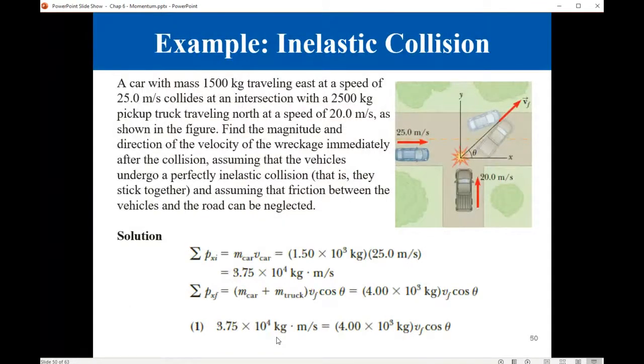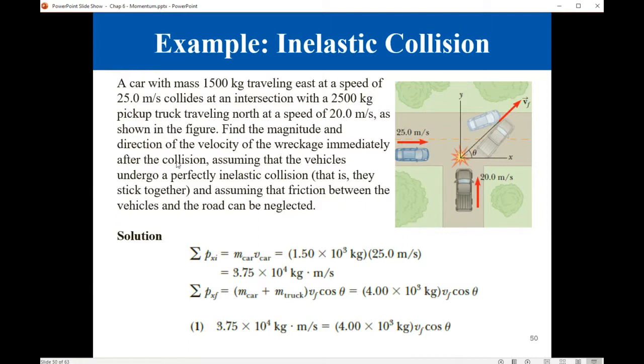I selected this example for the inelastic collisions. A car with mass 1500 kilogram traveling east at a speed of 25 meters per second, this car here, collides at an intersection with a 2500 kilogram pickup truck traveling north at a speed of 20 meters per second.